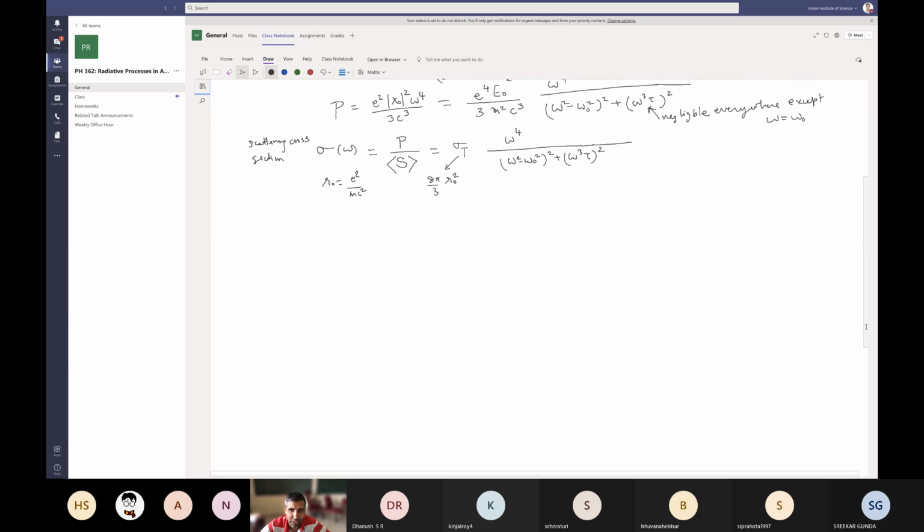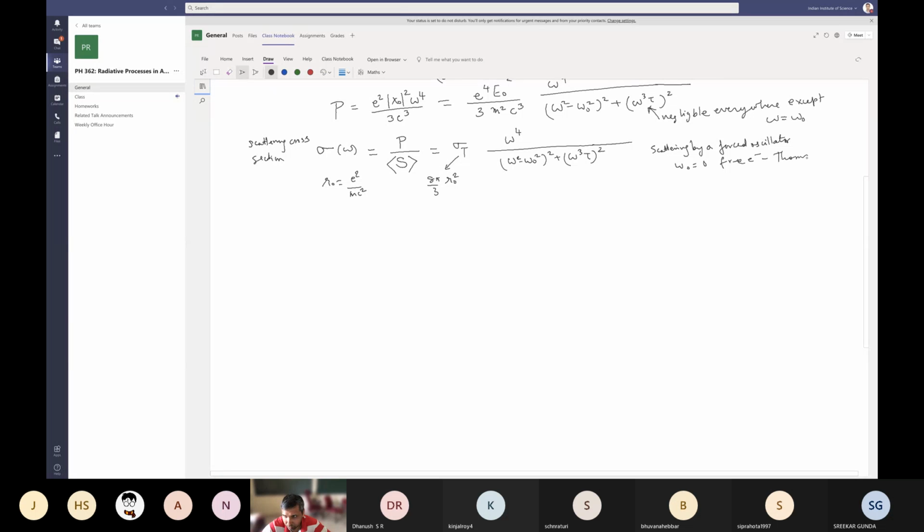Okay, so this is how the scattering cross section, scattering by a bound forced oscillator, looks. Previously, when we did Thomson scattering, we considered omega naught equal to 0, basically a free electron.